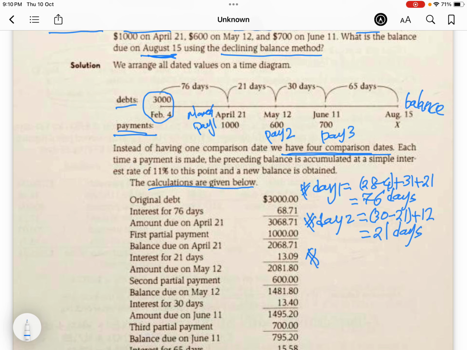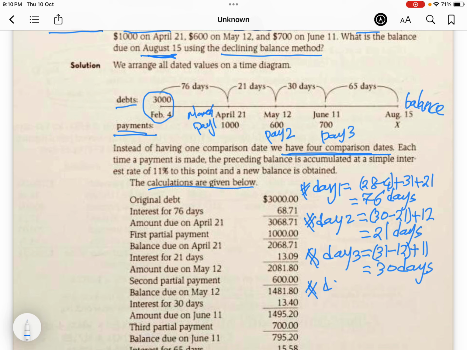Day 3, number of days 3. Here, May, June, you have May 31 minus 12 plus 11. You will have 19 plus 11, 30 days.